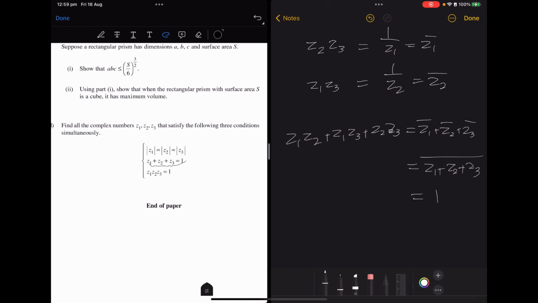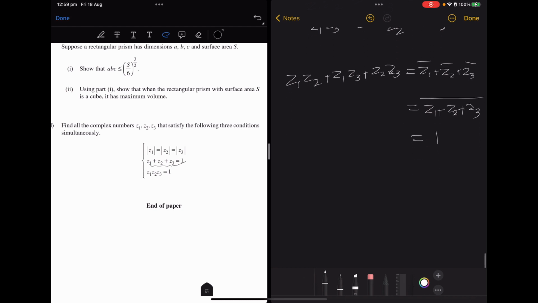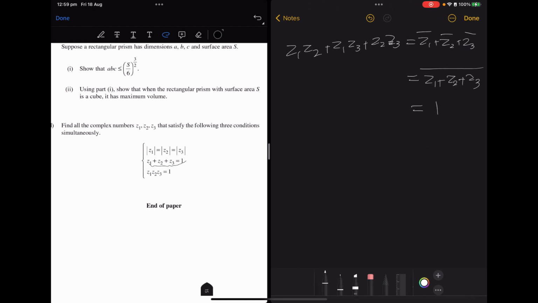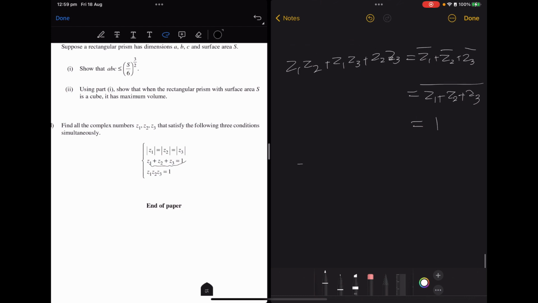So now hopefully you can see that what we're doing here looks awfully familiar to sums and products of roots, right? So we have the sum of roots, z1 plus z2 plus z3 equals 1. We have the sum of the pairs of the roots, 1. And finally, we have the product of the roots, right?